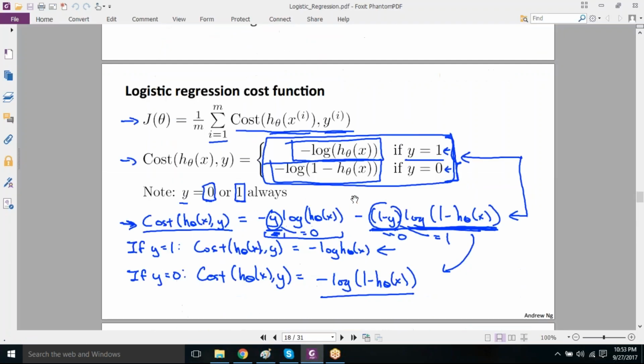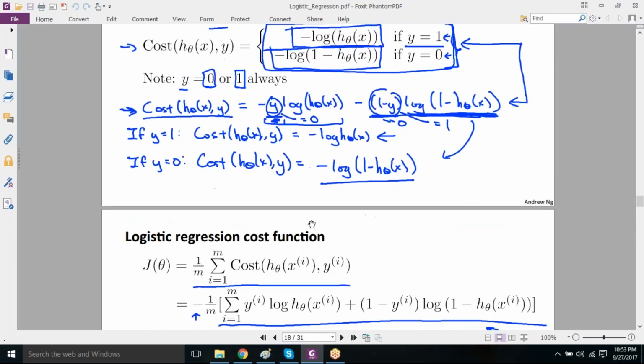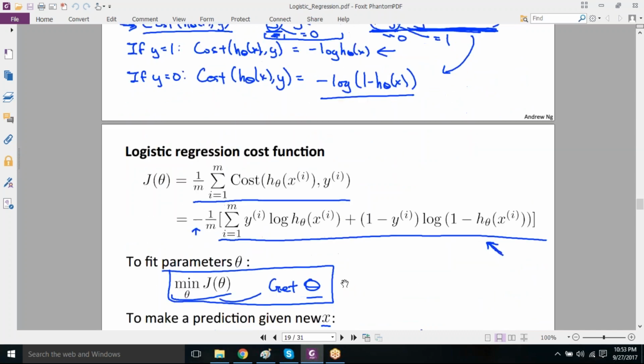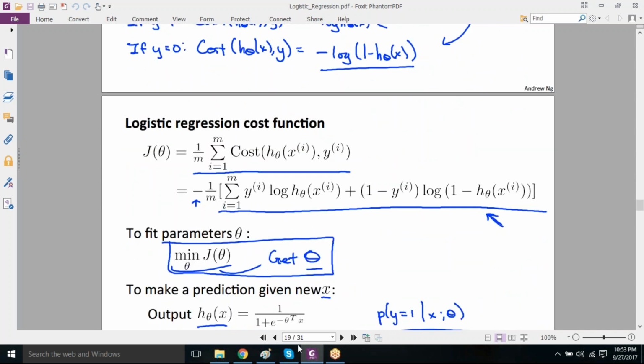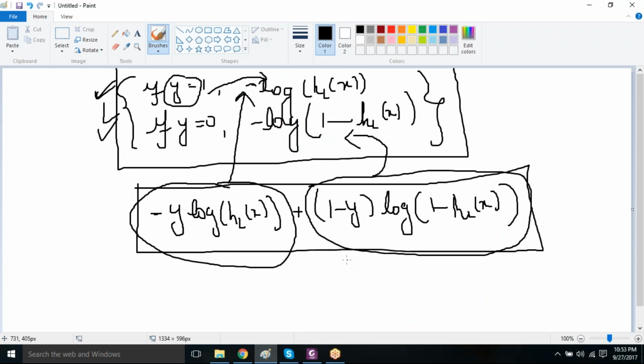Okay. But how can you convert this y equal to 0 into 1 minus y? Yeah, I will tell you.